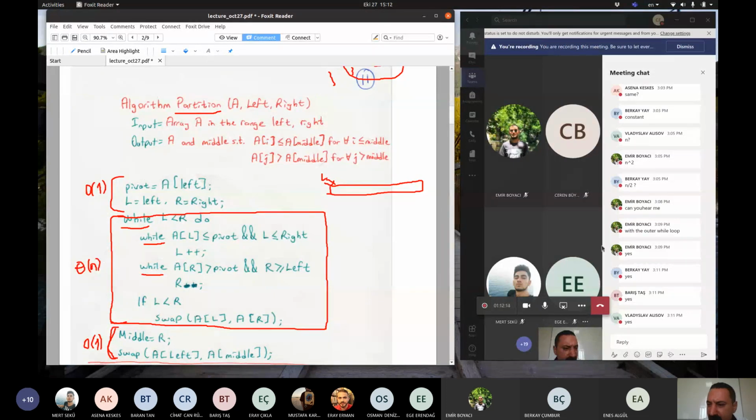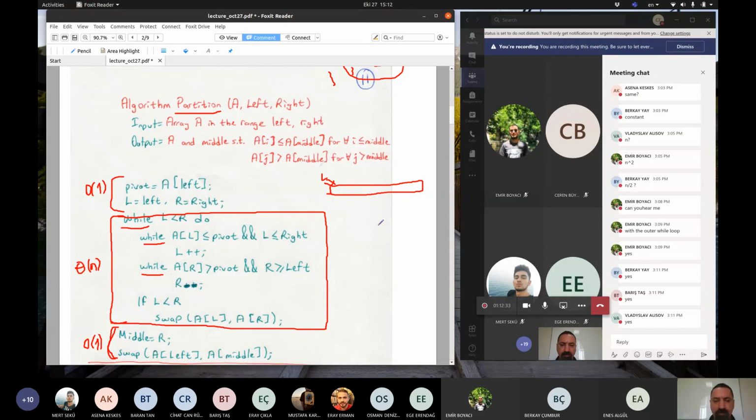Somebody actually had a guess regarding theta n. I think it was Vladislav. So Vladislav, can you explain to us why this pseudocode inside the red box requires theta n running time rather than n squared?